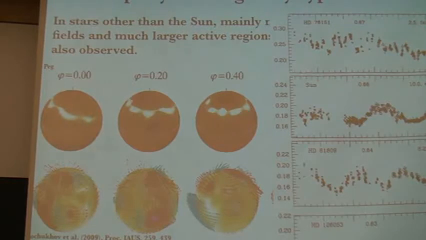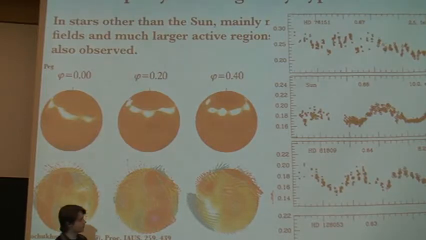Here's the sun, so this is something like 25, 30 years maybe. And these are different stars. We see that there definitely are some cyclic variations on many stars, whereas others show very little activity, or maybe there is a cycle, but it's longer than the time series, so we cannot really say for certain.